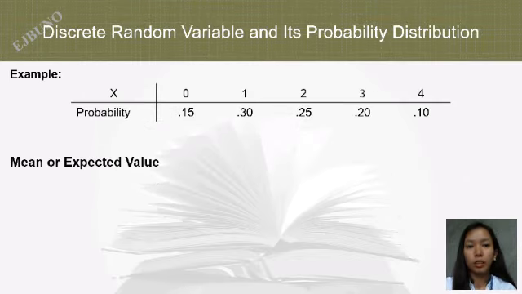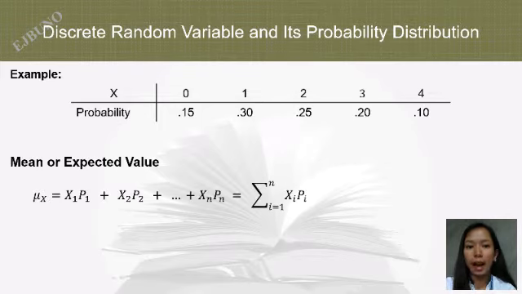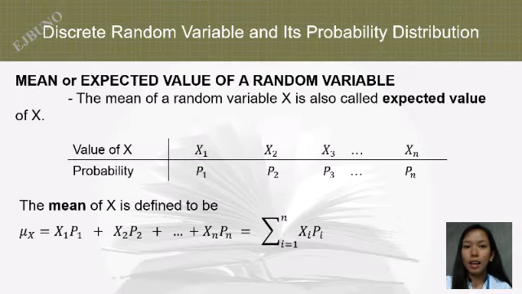First, let us compute the mean or expected value. Remember that in calculating the mean, we are also looking for the expected value. The mean or expected value's formula is represented as mu sub x is equal to the product of x sub 1 and p sub 1 plus the product of x sub 2 and p sub 2 until the product of x sub n and p sub n, or the summation of the product of x sub i and p sub i as i goes from 1 to n.